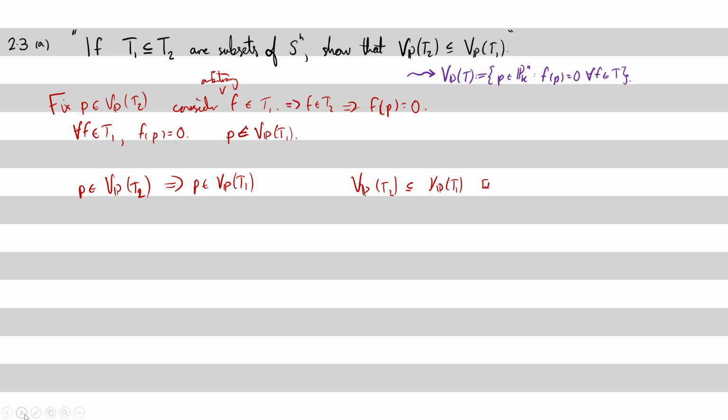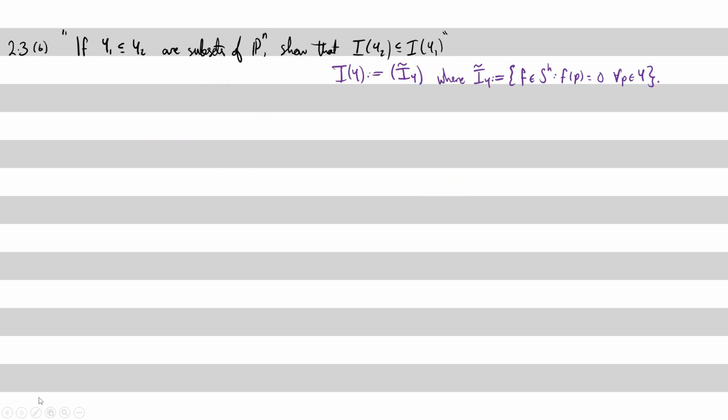So, we can now move on to part B, which asks us to show that if we have two subsets of P^n, one containing the other, then the smaller one's ideal contains the larger one's.